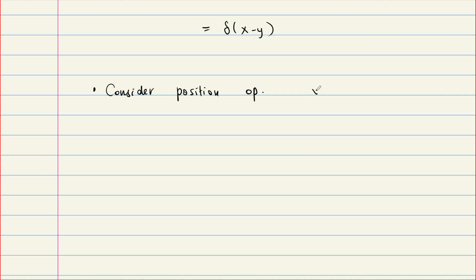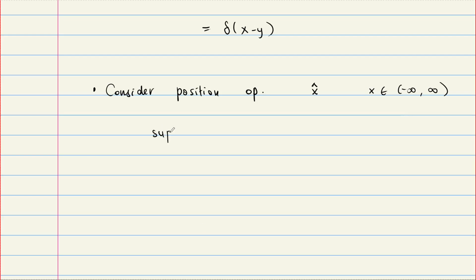So now I am going to put a hat on x, and the values I expect are going to be from minus infinity to plus infinity. So we want to find eigenfunctions and eigenvalues of the position operator.